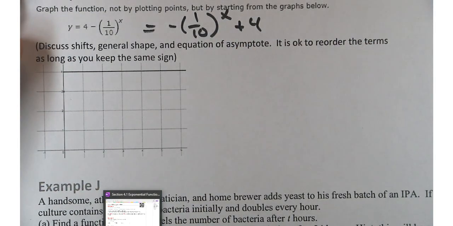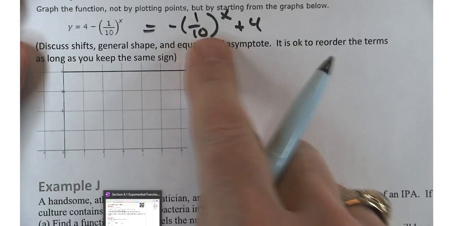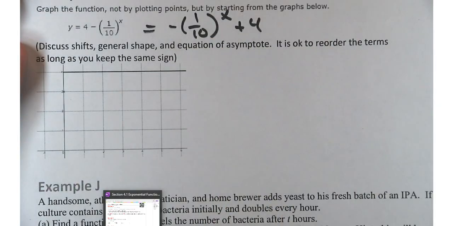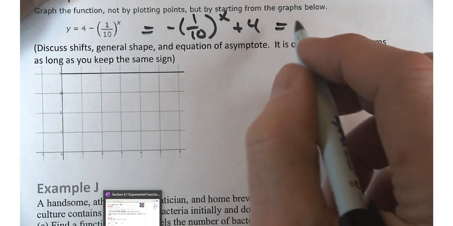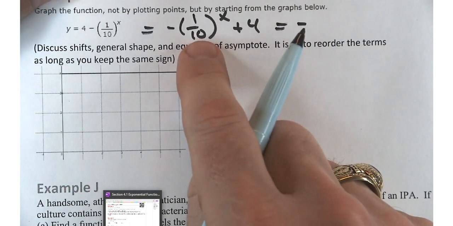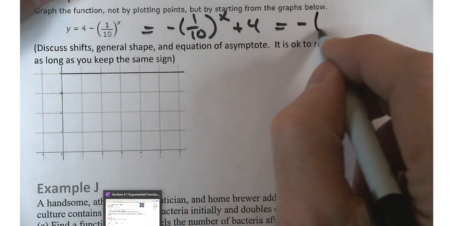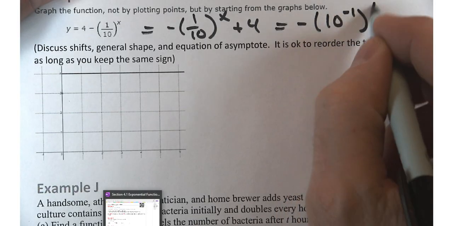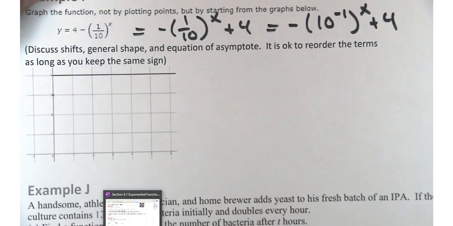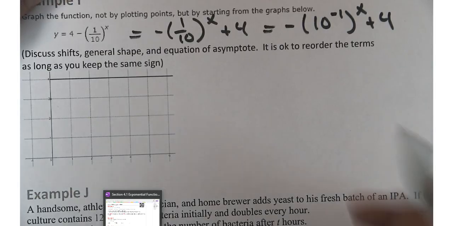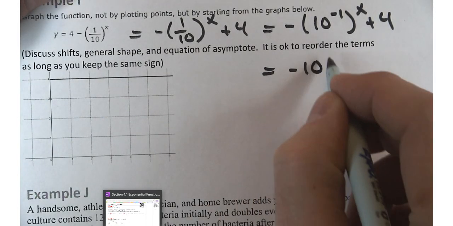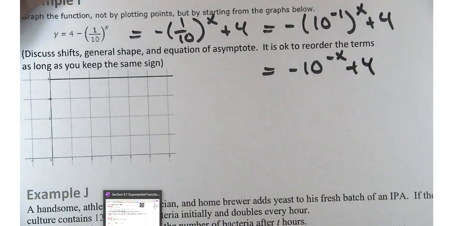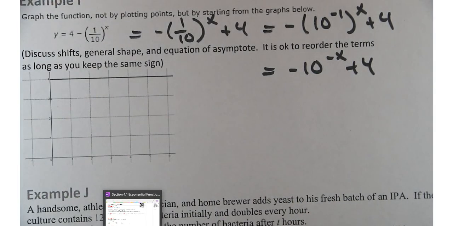So now I know that, all right, here's my exponential function. It eventually gets shifted up by 4. I could probably do a couple other things here. For instance, 1/10 can be thought of as 10 to the negative first power. And then, all right, that's negative 10 to the negative x power plus 4. And now I can start to see all these shifts coming into play.